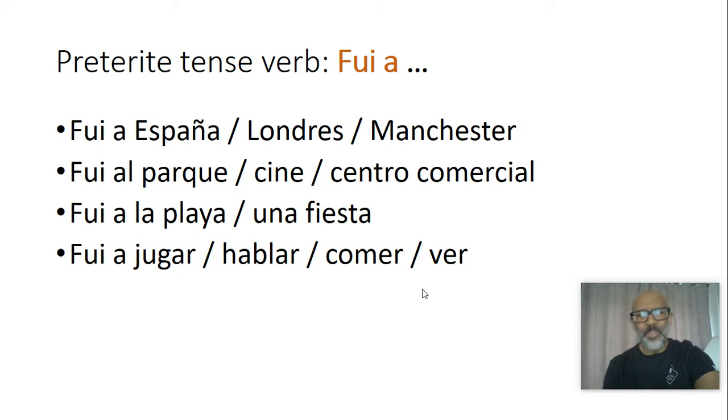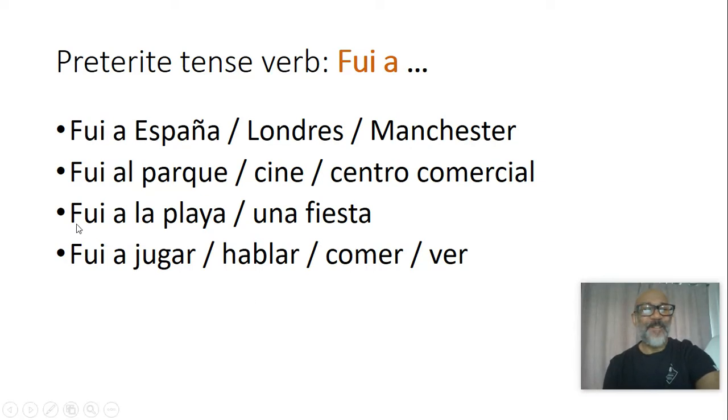Okay? So I'm going to give you a few of these phrases, see if you can remember. ¿Cómo se dice en español? I went to the cinema. Sí, fui al cine. ¿Cómo se dice en español? I went to the beach.